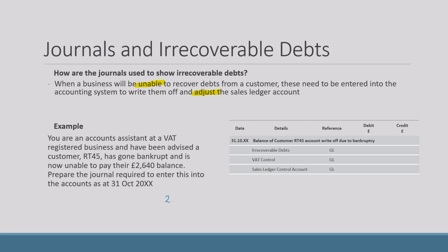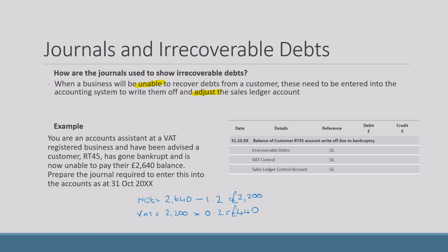So I would do £2,640 divided by 1.2, and that gives you a net value of £2,200, and therefore your VAT amount is going to be 2,200 multiplied by 0.2, and you'll get a £440 VAT value.